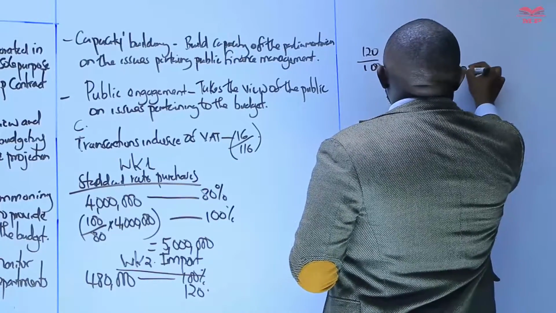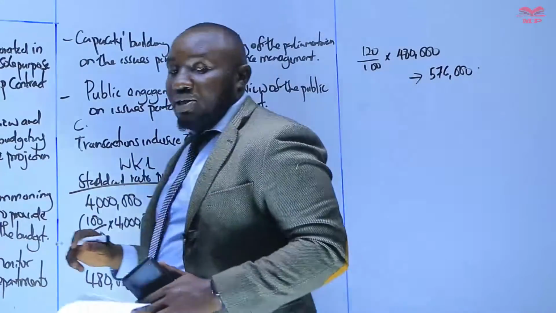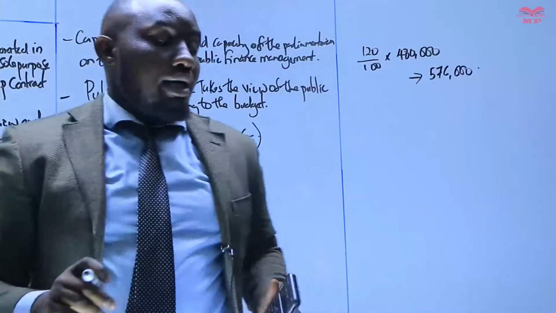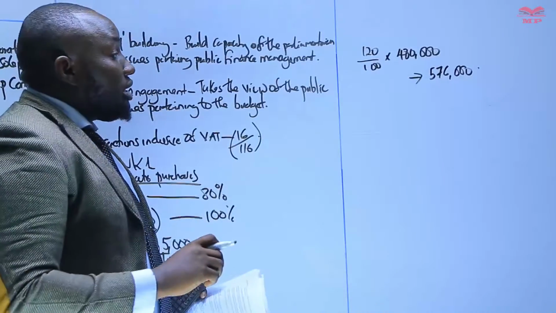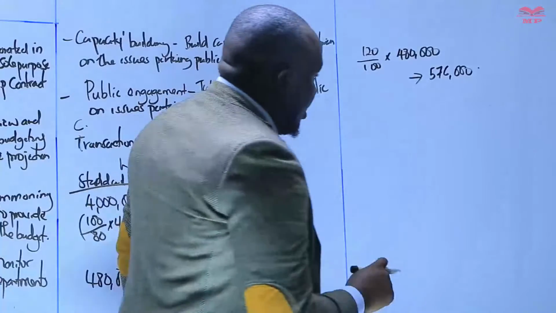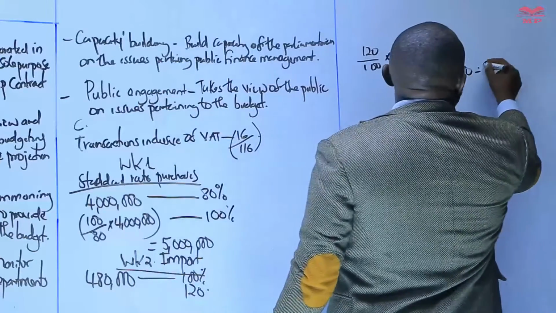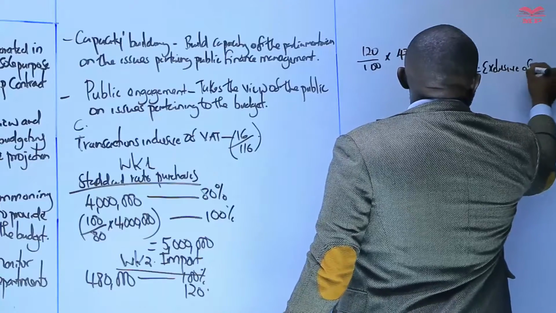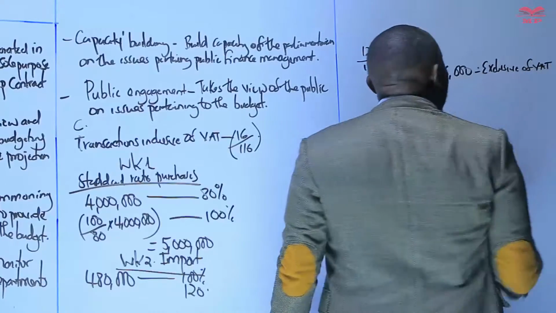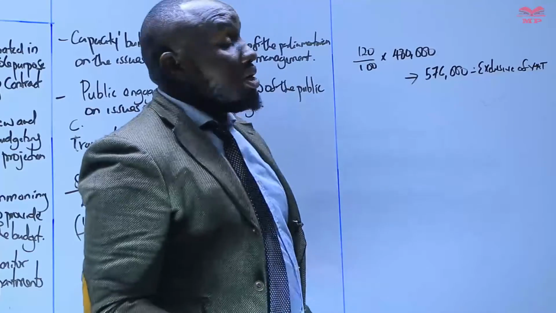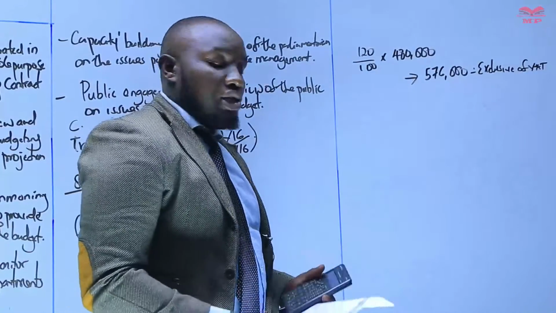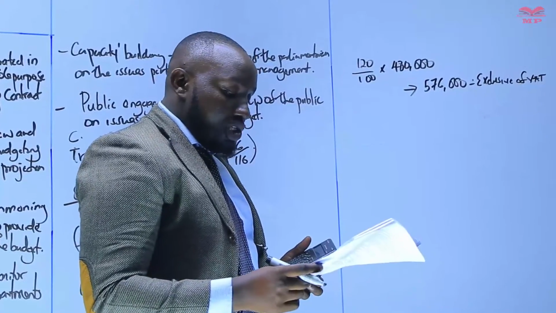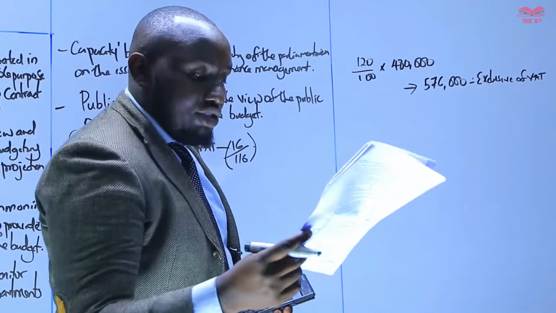But it is very key to understand on imports, particularly, that even if the question is inclusive of VAT, imports are normally exclusive of VAT. Though the question is inclusive of VAT, for that point we are going to use 16 over 100.